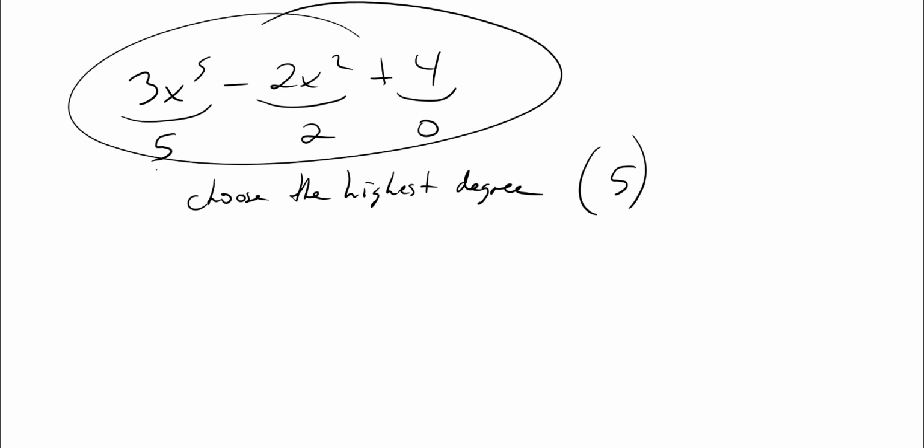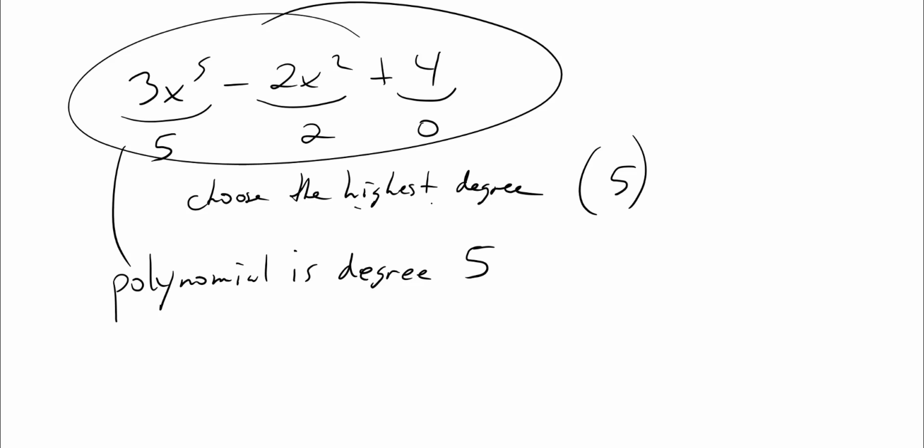So we call this a polynomial of degree 5. You always choose the highest degree out of all the different terms.